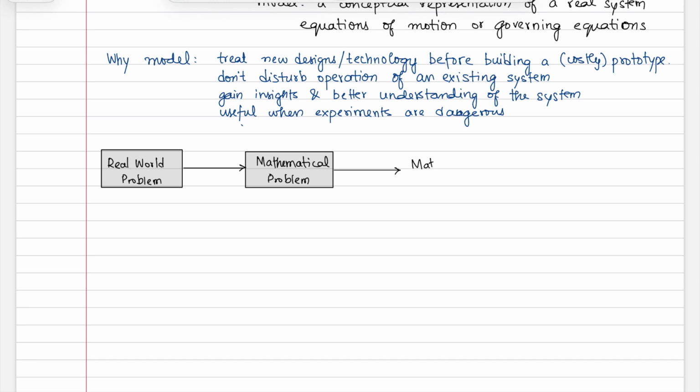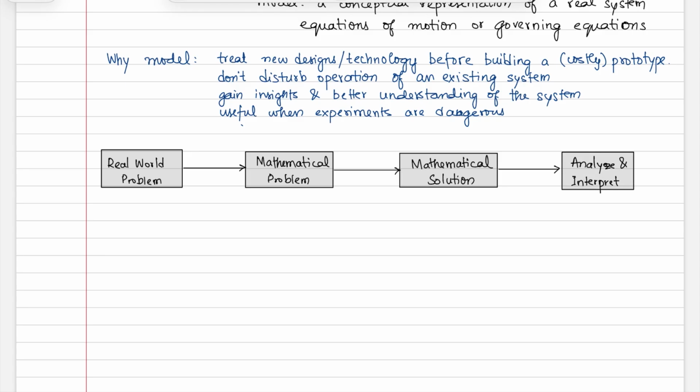So you have a mathematical solution, which you then analyze and interpret. And once you have that, you can then look back to see how this really relates to your real world problem. Maybe you missed something. Maybe there was some phenomenon that you didn't actually capture. And you can then return to this and restart the process with an updated understanding of the real world.